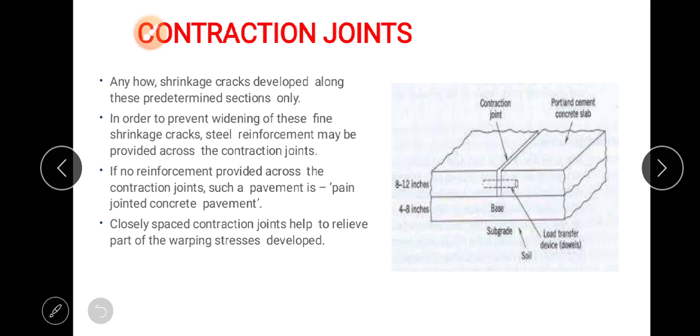In order to prevent widening of these fine shrinkage cracks, steel reinforcement may be provided across the contraction joints. If no reinforcement is provided across the contraction joints, such a pavement is a plain jointed concrete pavement, and closely spaced contraction joints help to relieve part of the warping stresses developed.